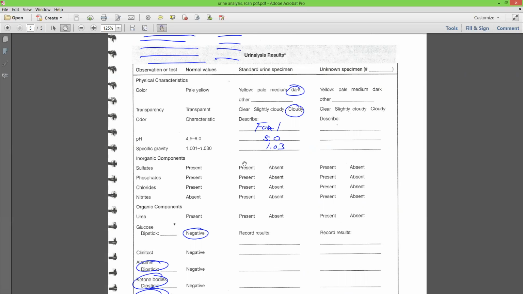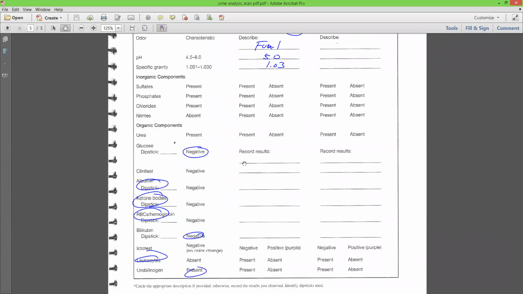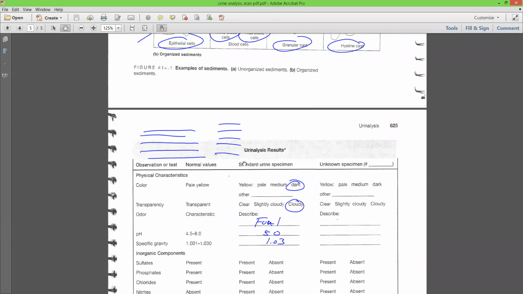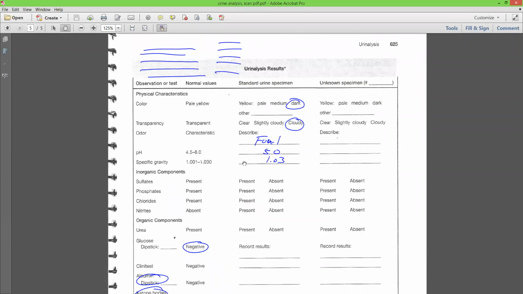Okay, so here's what one looks like, and other clinics might have one that looks different, but you're simply marking your findings. Then once you do that, you would either treat them right then and there if you can, or you refer them.